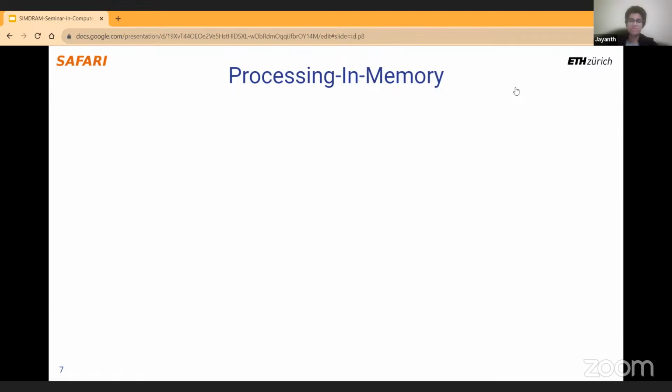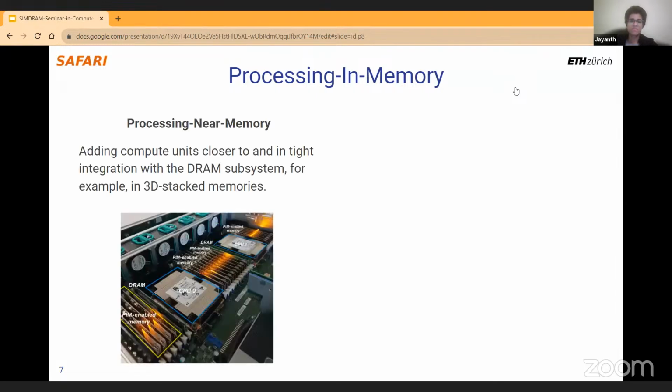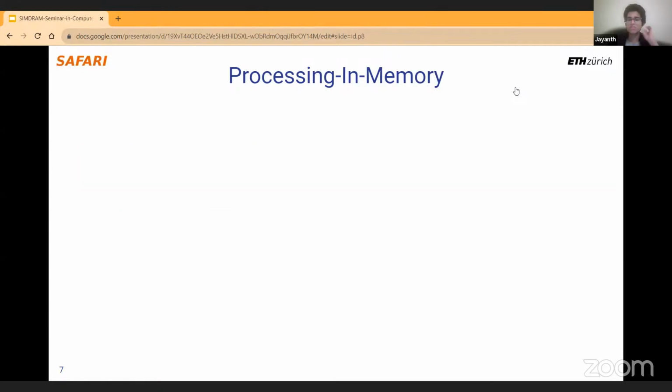All of these compute-centric approaches just work to hide the bottleneck to improve the performance. But now there is a focus on data-centric or memory-centric architectures, that is, processing where it makes sense, which is where the data resides in the system.